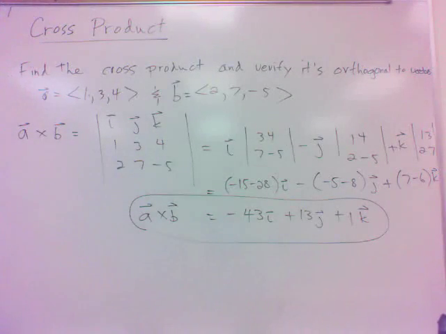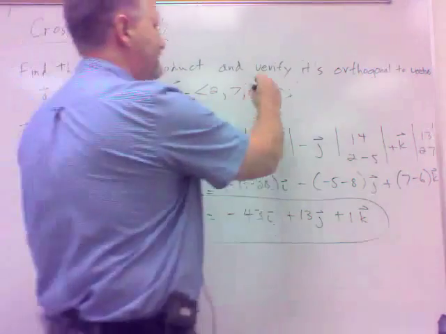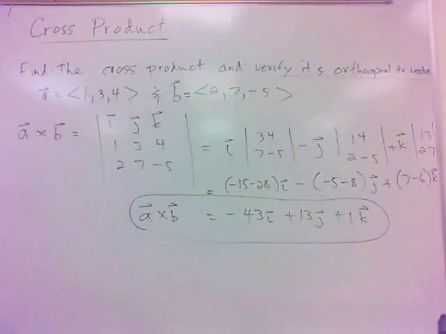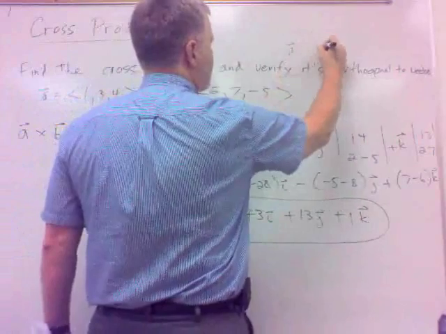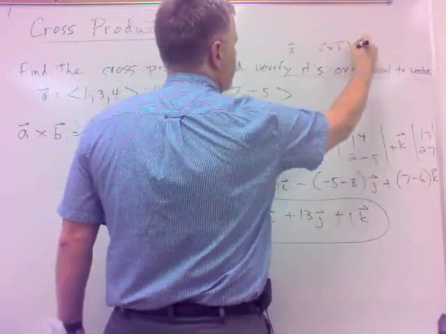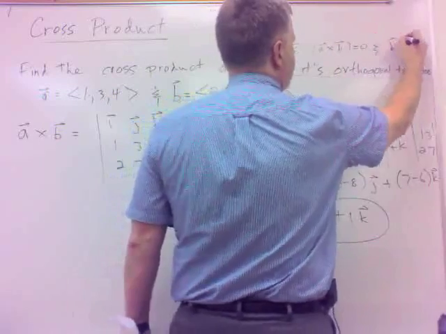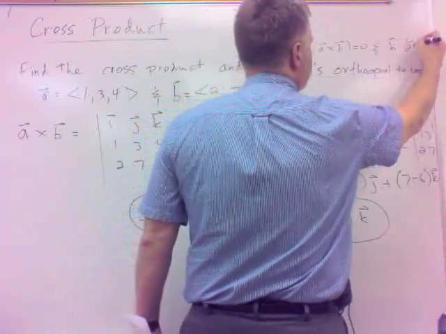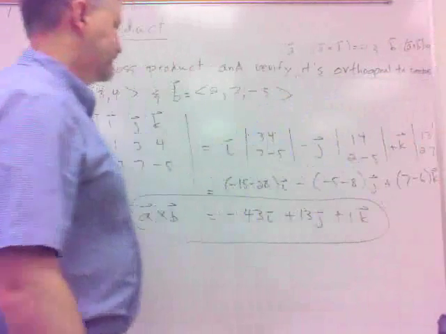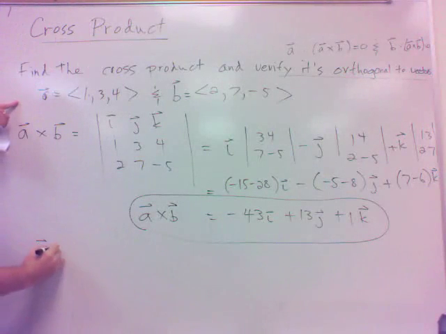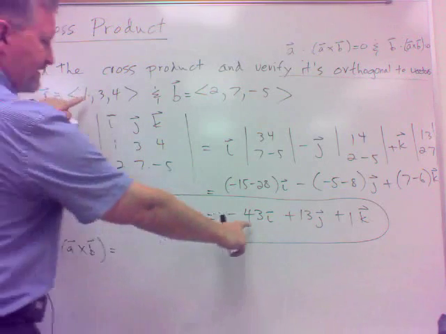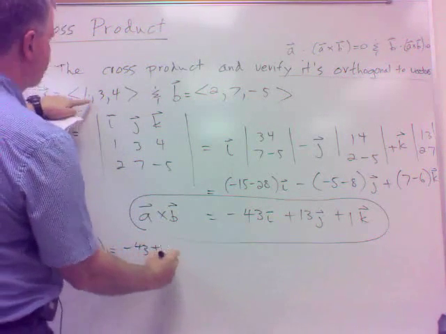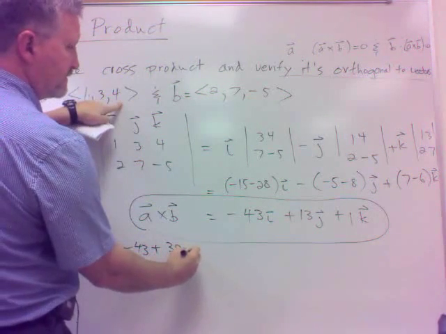Now, the second part, verify it's orthogonal. How do we know that? Dot product equals 0. So our A dotted with our cross product is 0, and the B dotted with the cross product is 0 as well. Is that true? All right, so A dotted with A cross B, just negative 43 plus 39 plus 4.